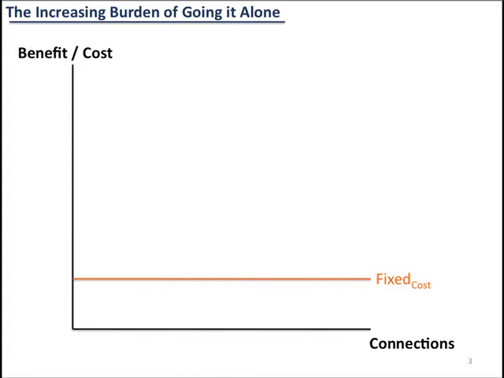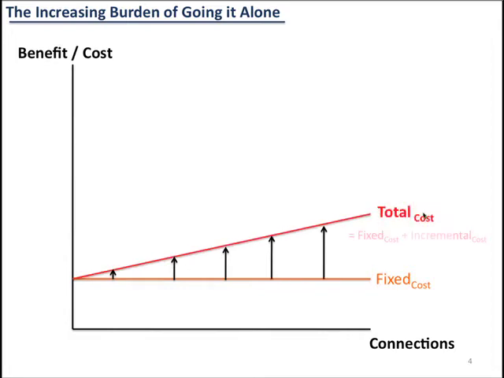But now on top of that baseline cost, at each point, there's going to be another layer of cost that's added on to the baseline. The idea is the more connections we make, the more incremental costs there are going to be. So basically the 200th connection has a greater incremental cost than the 100th connection, and the 1000th connection has a greater incremental cost than the 200th connection, such that those incremental costs, when you add them up, get added to the baseline fixed cost at each point along that cost line.